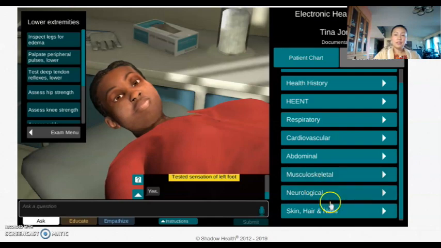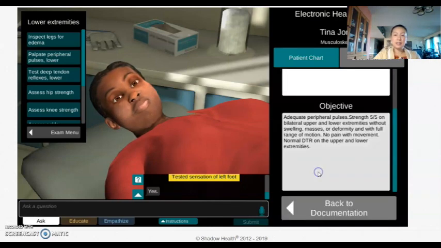Okay. I am going to give you the synopsis of the musculoskeletal as well as neurological because I did this assessment spontaneously. So for the musculoskeletal, Tina Jones has adequate peripheral pulses, strength 5/5 on bilateral upper and lower extremities, without swelling, masses, or deformity, and with full range of motion.